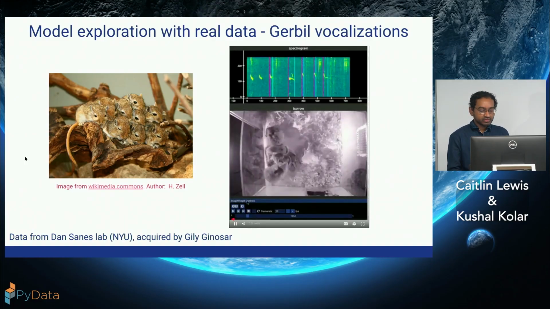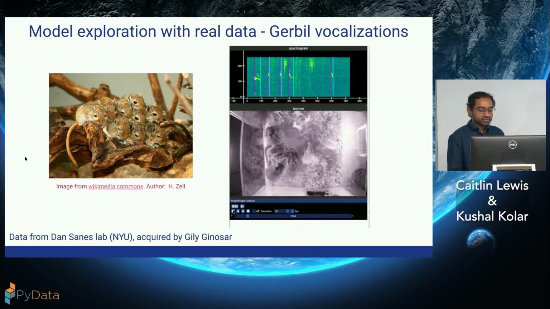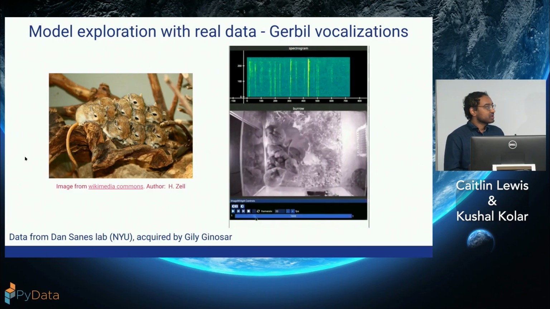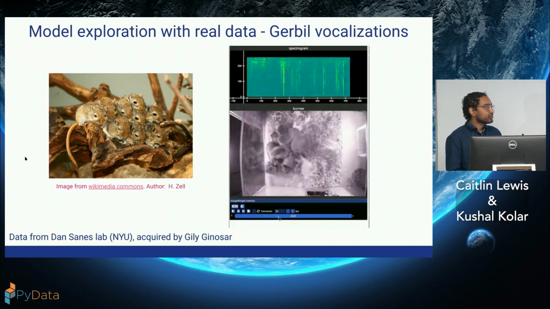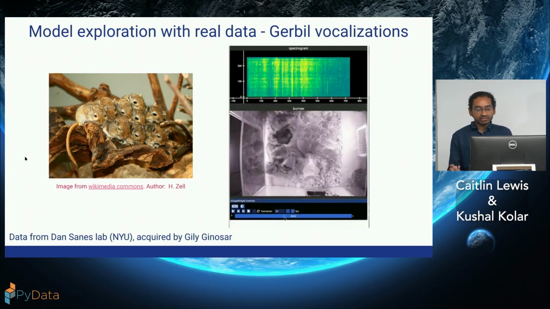I'm going to show you a real use case of where this QLVM model is being used in conjunction with some real data. So first I'll give you some background on this data set. This is also some work from a collaborator, and they're working on these animals called Mongolian gerbils. They're kind of like prairie dogs, but they live in Mongolia.